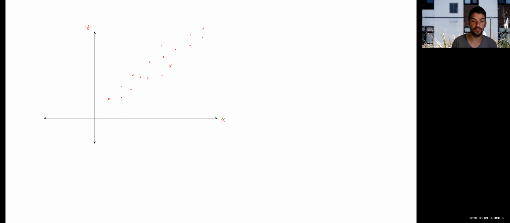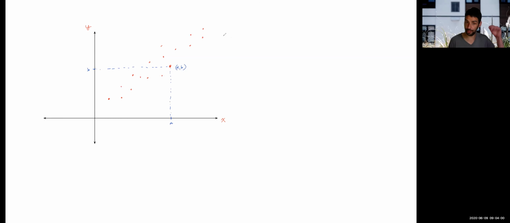Each of these pieces of data, let's look at one in particular. For instance, this piece here represents, if this is the value A, and let's say this is some other output value B, we call this the point AB. And we do that for every input and output that we get.